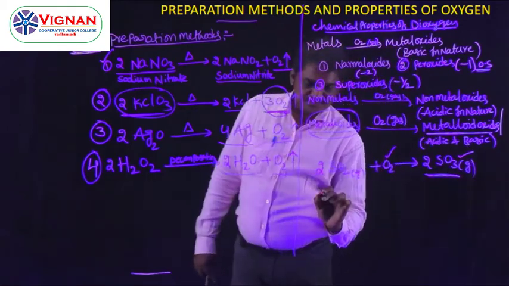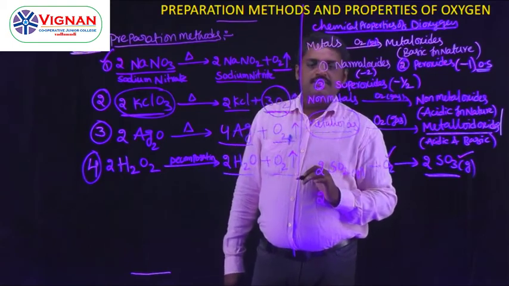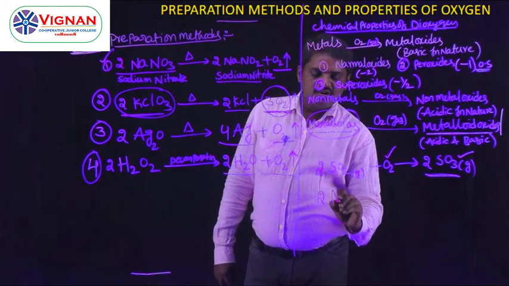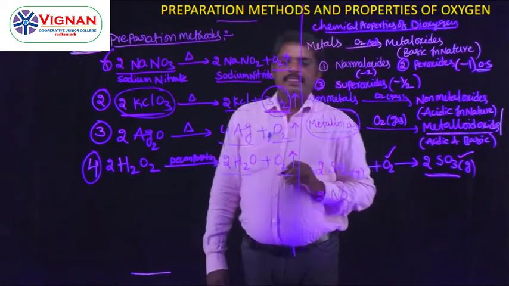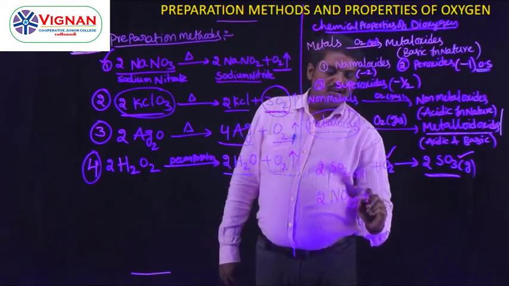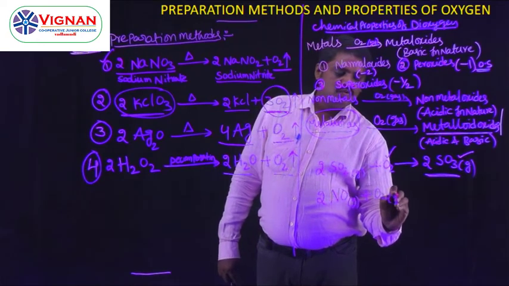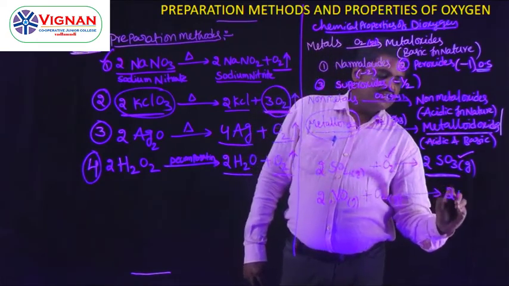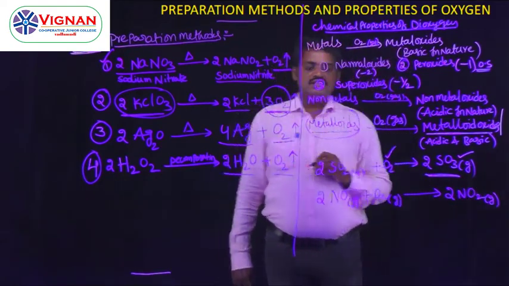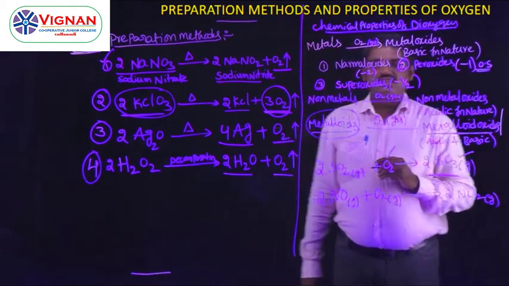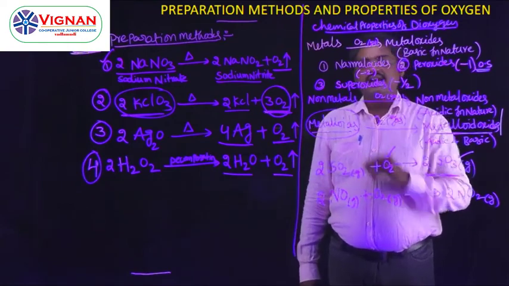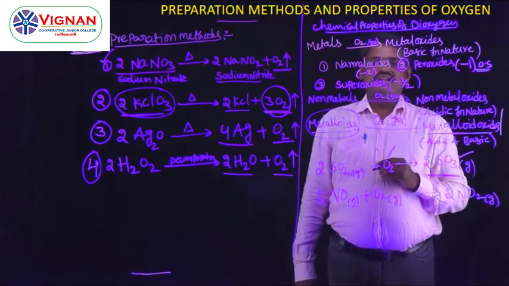And next, for the preparation of nitric acid, the unstable nitrogen monoxide gas reacts with oxygen gas to produce nitrogen dioxide gaseous molecules. These nitrogen dioxide molecules are used to make nitric acid.